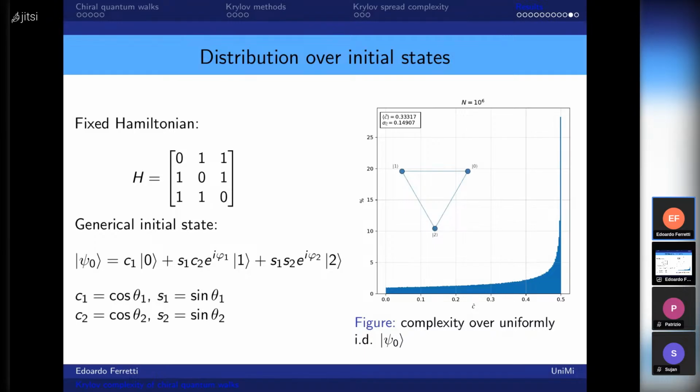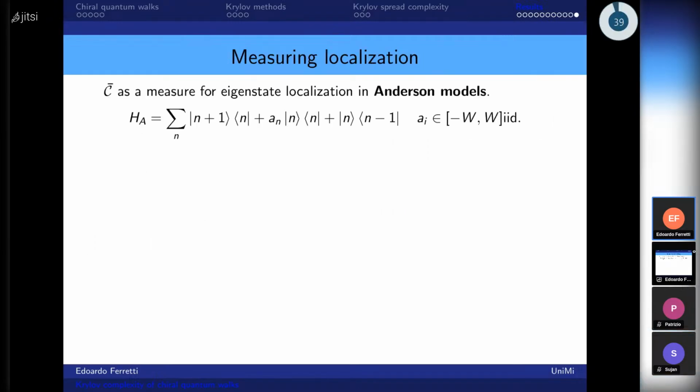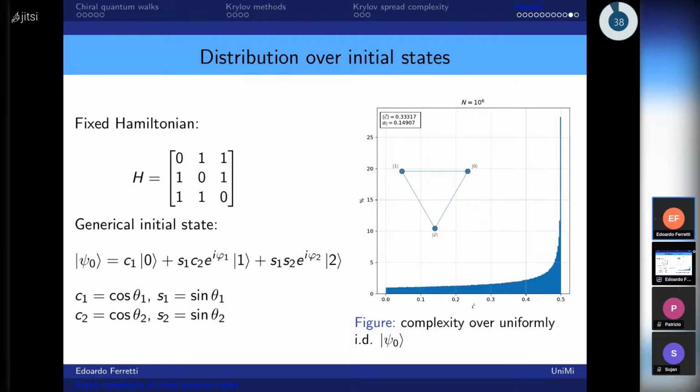This is just the standard parameterization, and they are sampled uniformly. Sorry? What random states? Those are Haar random states.